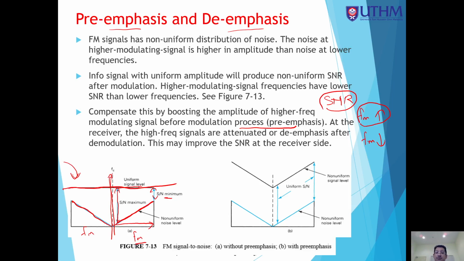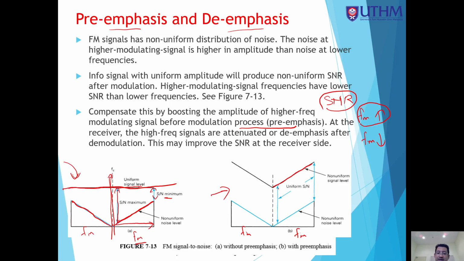Okay, so you see at this picture on the right. When we increase the amplitude of the signal, especially for the higher value of modulating signal, we might get output signal with the SNR more uniform compared to without the pre-emphasis and de-emphasis.